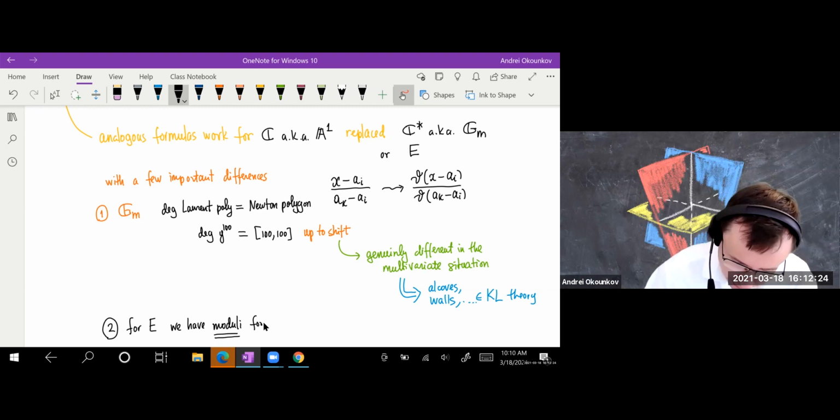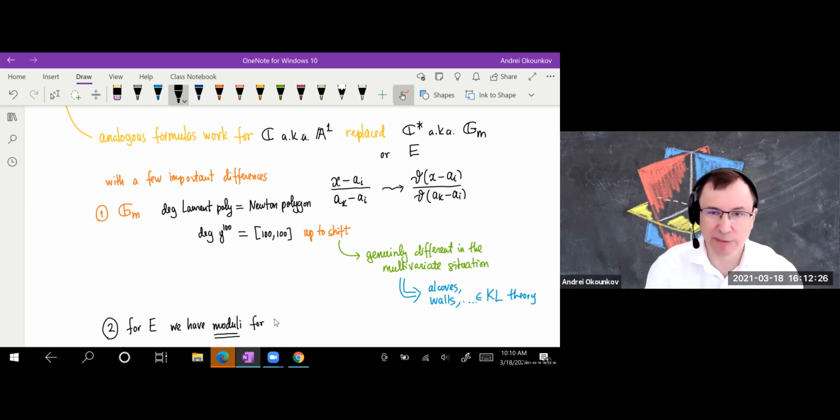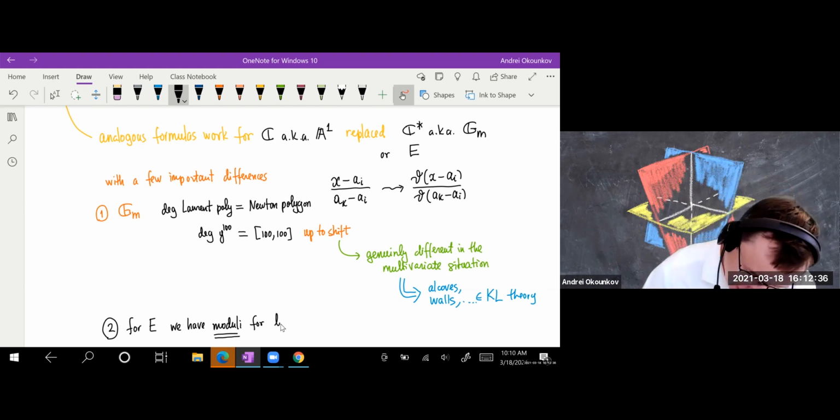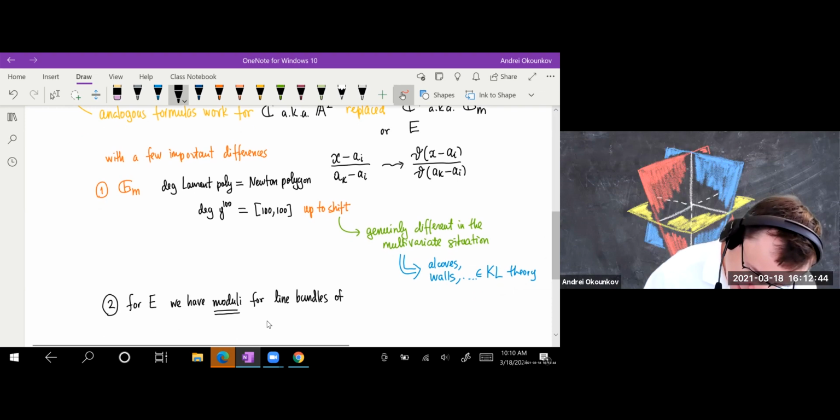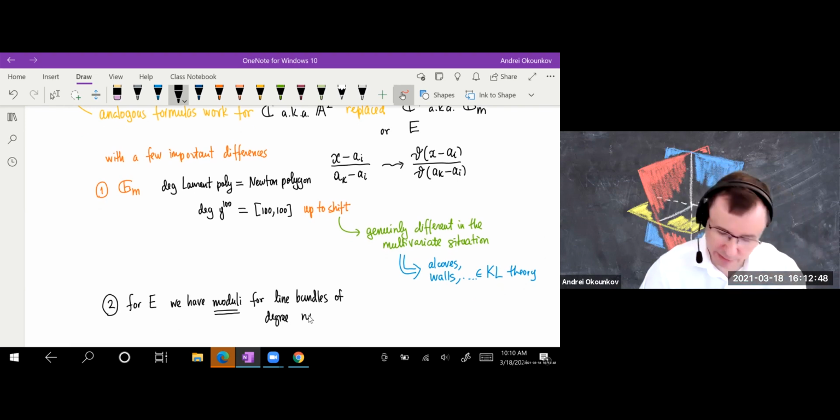So for an elliptic curve, there are no functions on the elliptic curve. We have to look for sections of a line bundle. That is to say, what does a section mean? If you think of your elliptic curve, for line bundles of some suitable degree, so let's say n. So how do we concretely think of, e.g.